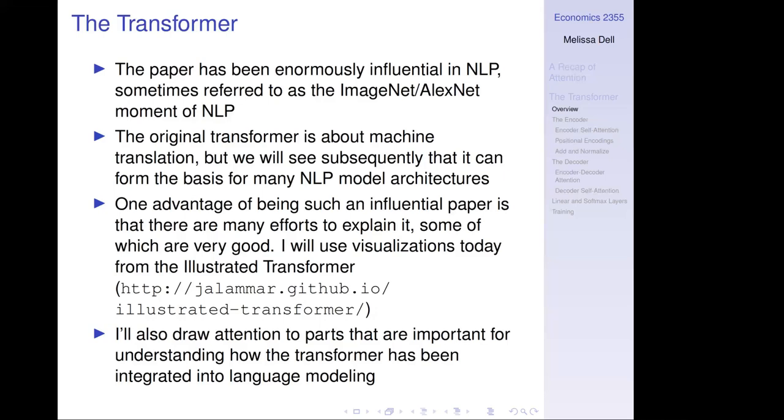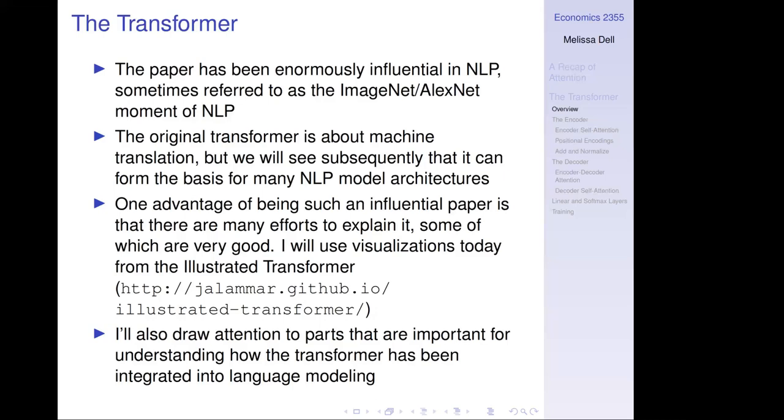If you do any NLP task, you're going to have to make a decision about which of these models to use. And in order to understand how they're different, it's important to understand how they use the transformer in different ways. So this is essentially a basis for that. You can not care one bit about machine translation, which was the original application.